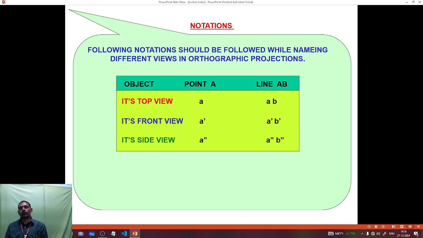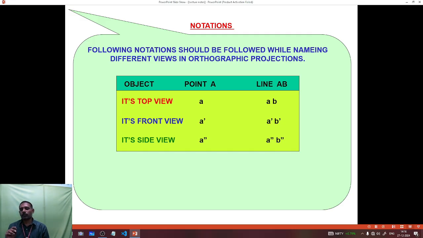For example, if you are using the point A, the top view is denoted with a small letter a. If you are using the front view, the particular point is denoted as a dash. This is only for the point.